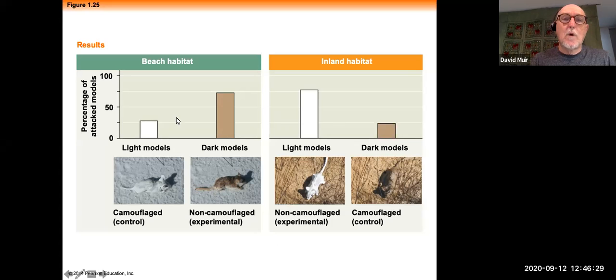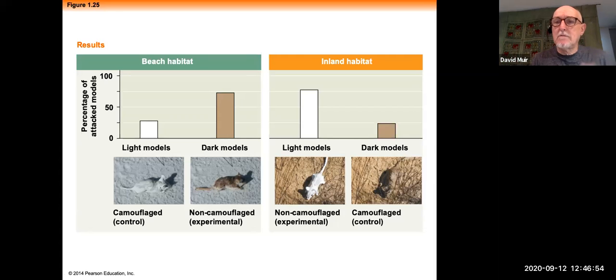And let's just say I don't worry about this. I don't put a light one out on the beach. I don't put a dark one out on the inland. I just put out light ones inland and dark ones on the beach. And I get these results, nearly 75% of them are attacked. What conclusions could I possibly draw from that?